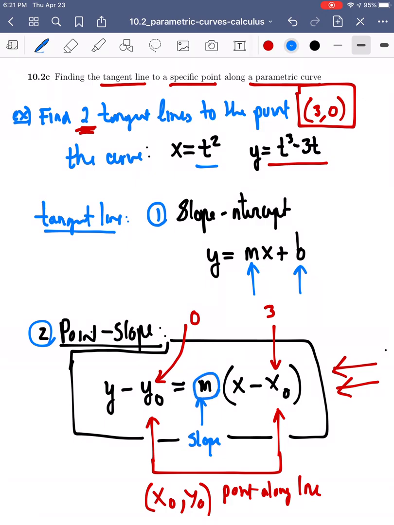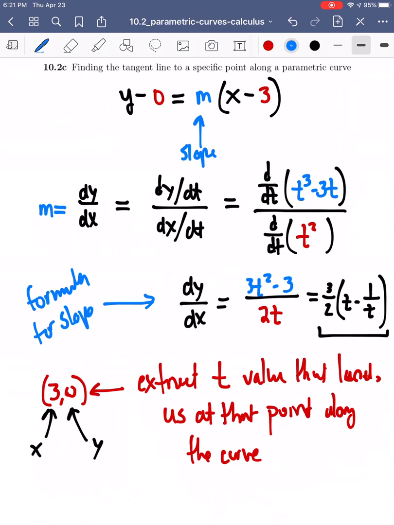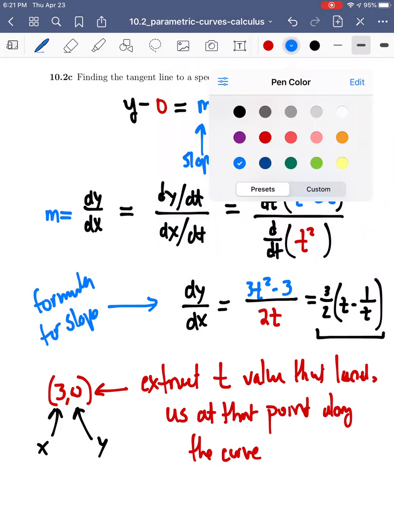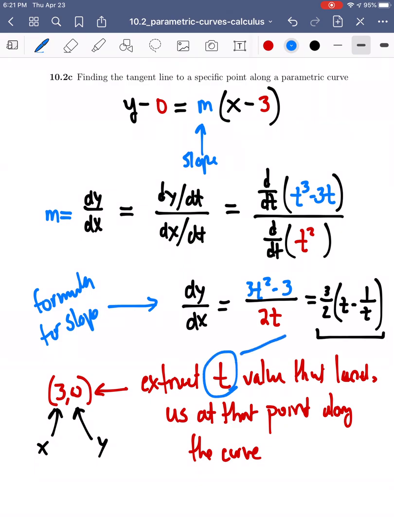calculate that slope. So we calculate the slope using the parametric curve slope formula, dy dx is equal to dy dt over dx dt. Took all those derivatives, figured out, hey, now we have a formula for slope. The only thing was we need to figure out what t values to put into this derivative.